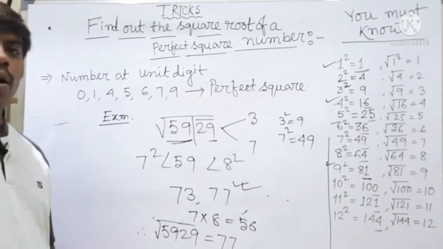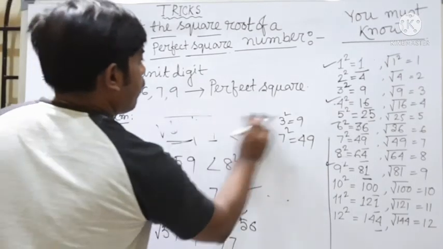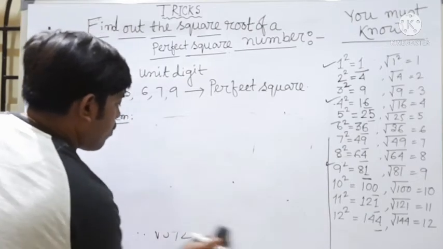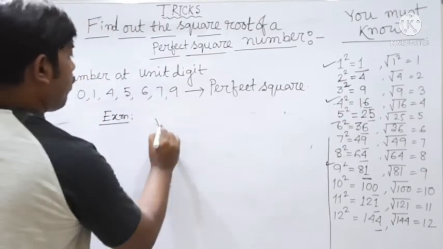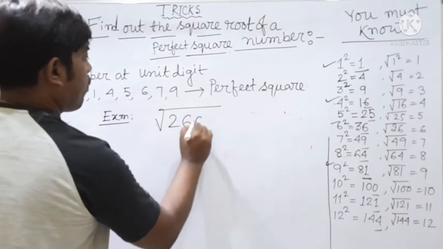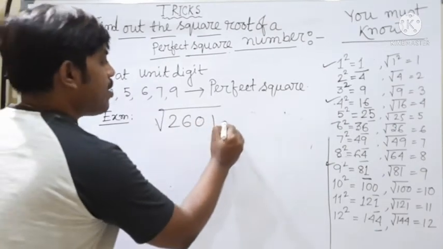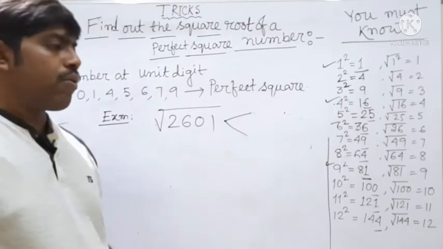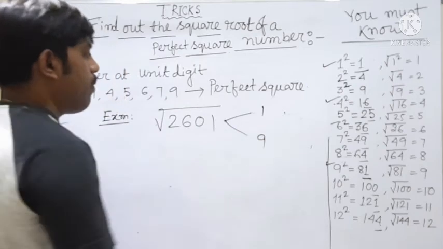Okay, now we will solve another problem. Okay, here the unit digit is 1. So its square root's unit digit will be what? 1 or 9.